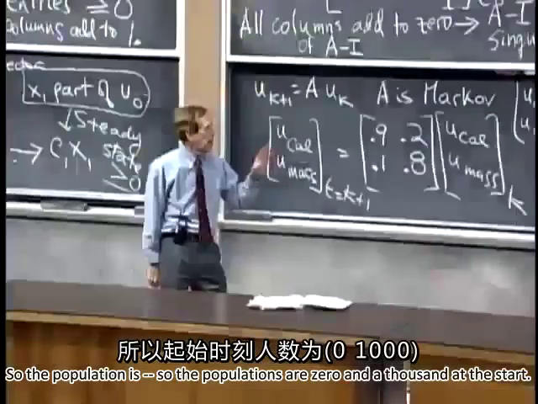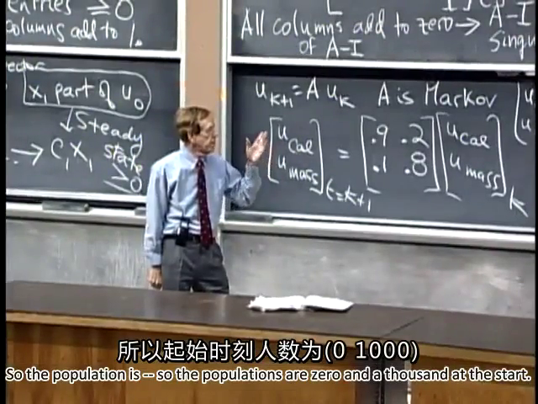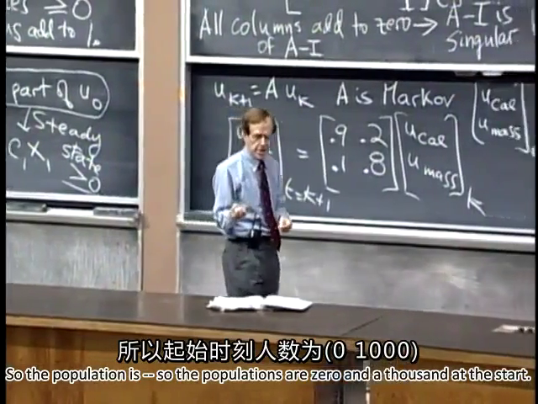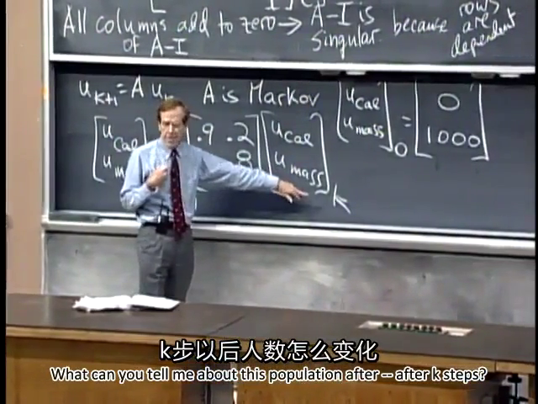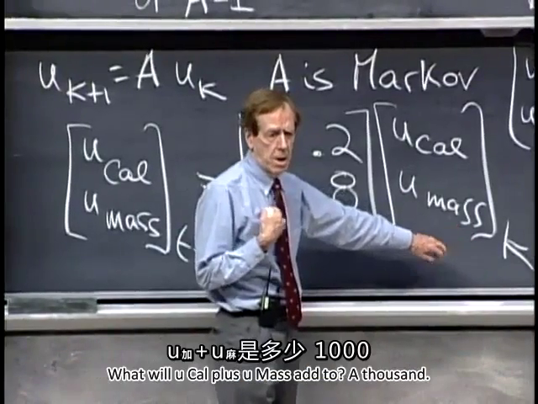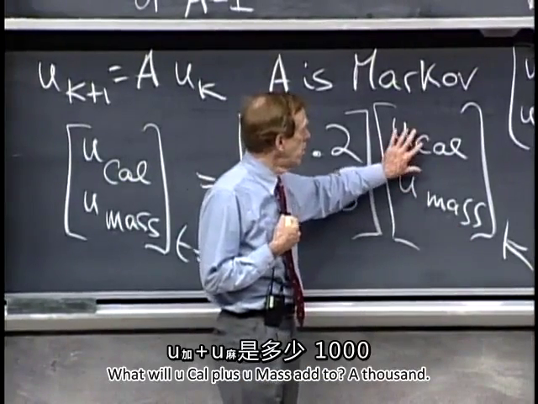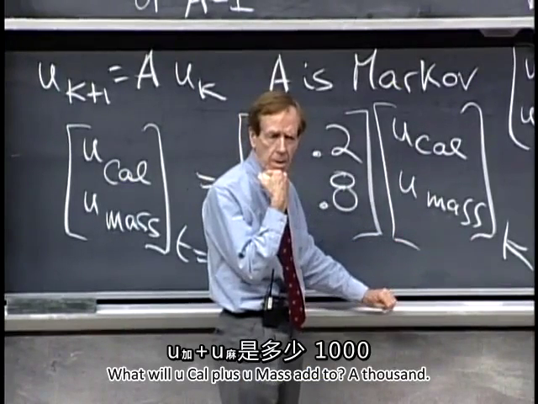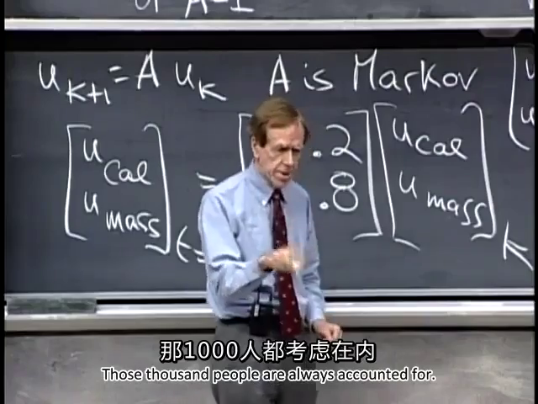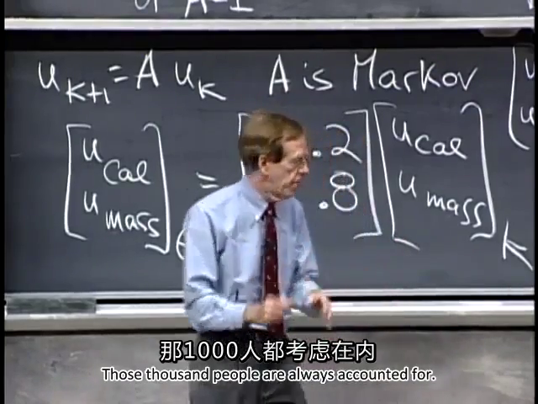So the populations are 0 and 1,000 at the start. What can you tell me about this population after k steps? What will U Cal plus U Mass add to? 1,000. Those 1,000 people are always accounted for.